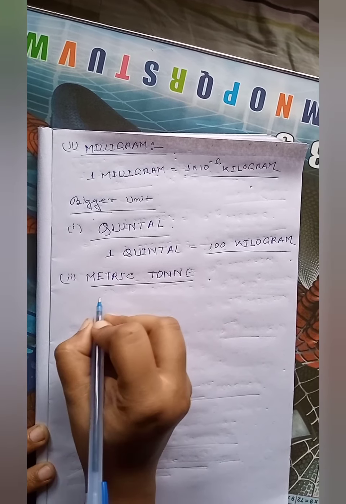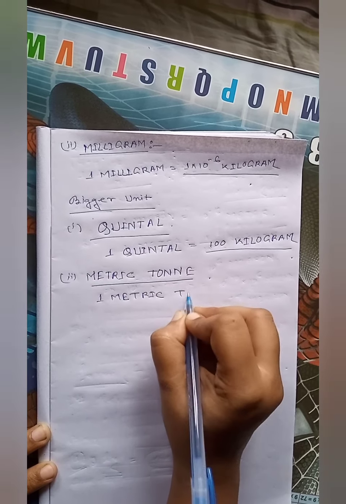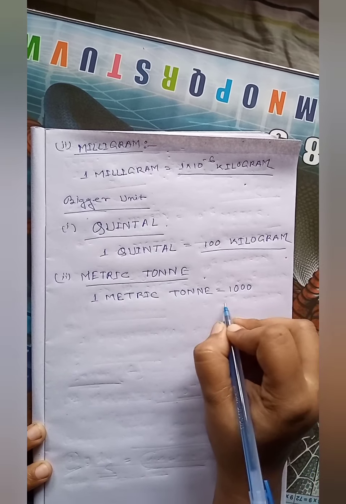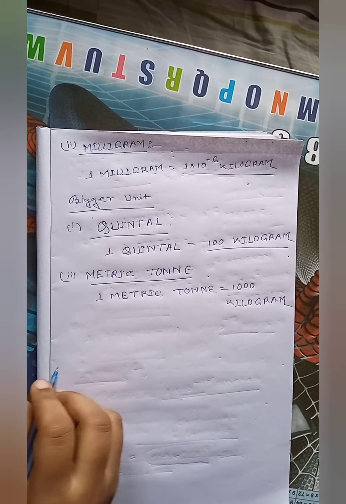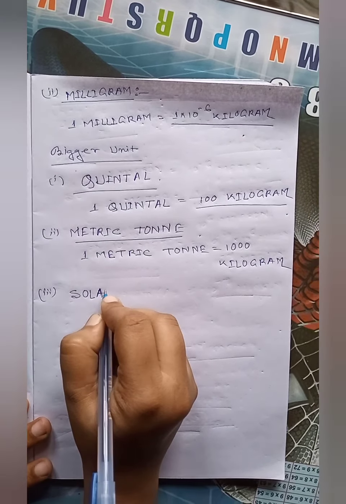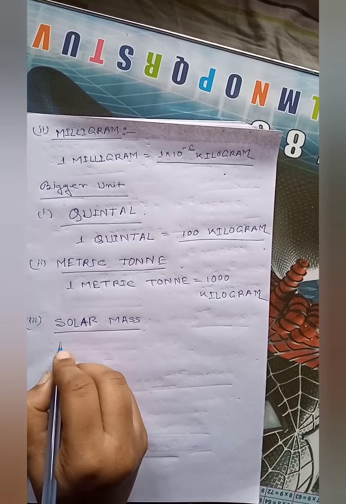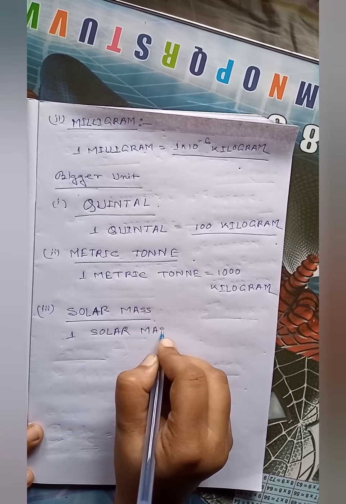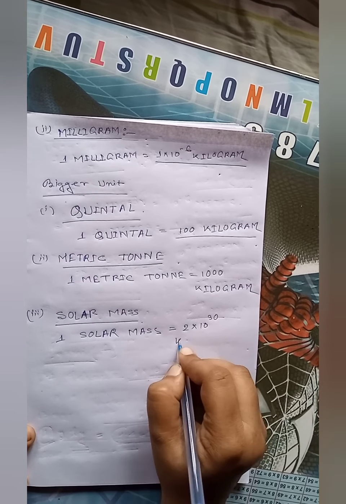One metric ton equals 1000 kilogram. Another is solar mass. One solar mass equals 2 into 10 to the power 30 kilogram.